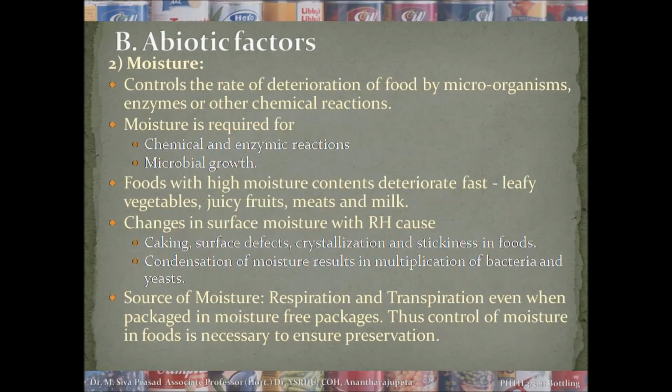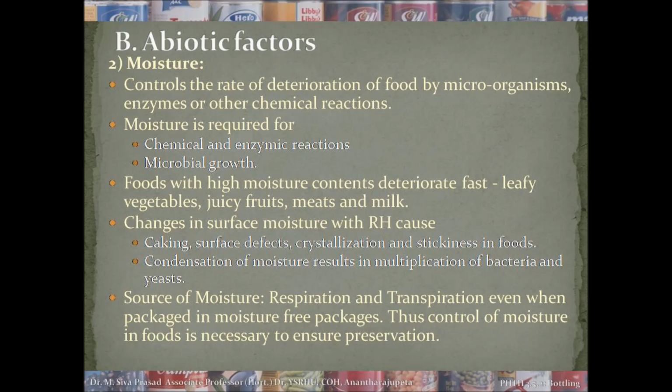Next important abiotic factor which causes spoilage is moisture. Moisture is the main culprit, the reason for spoilage of most foodstuffs. The higher the moisture content, the faster the rate of deterioration.